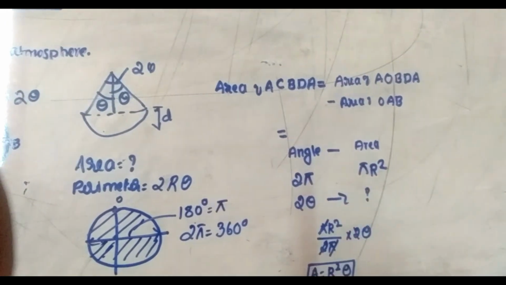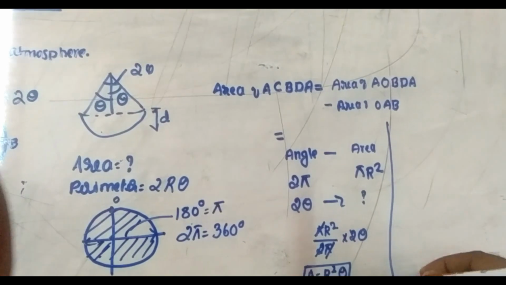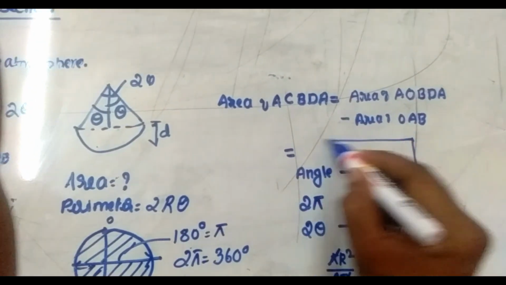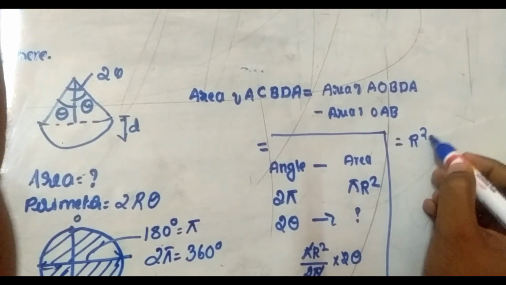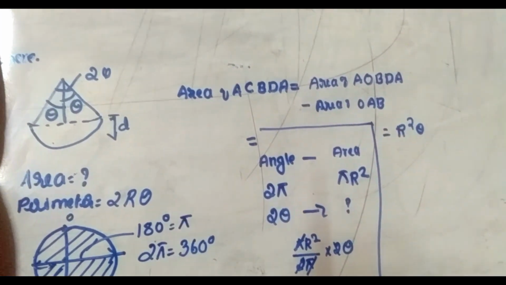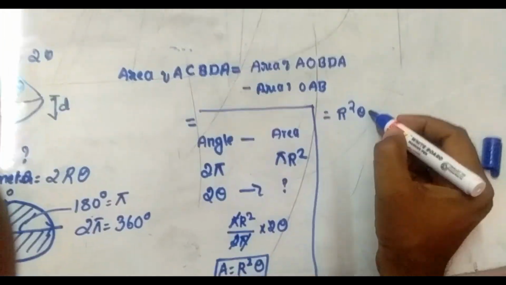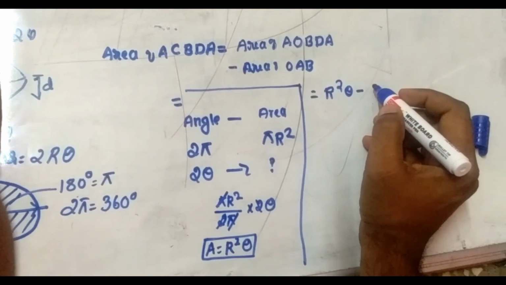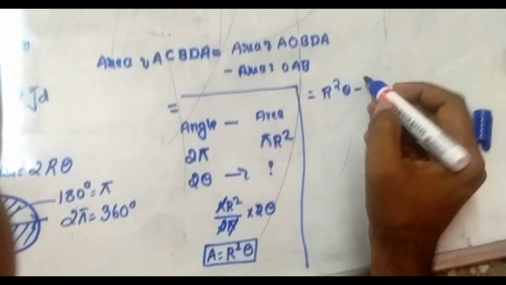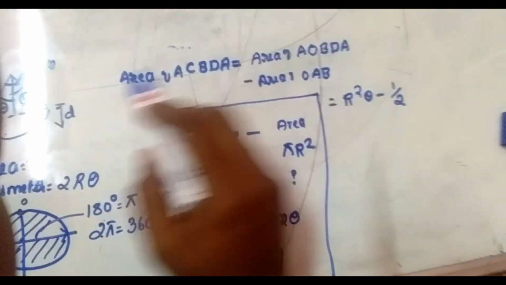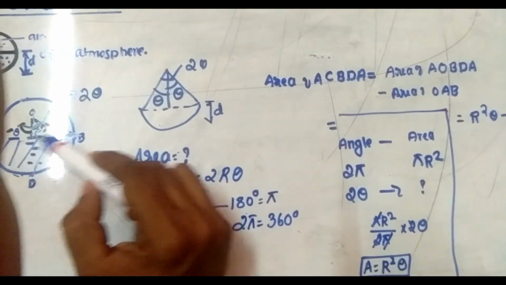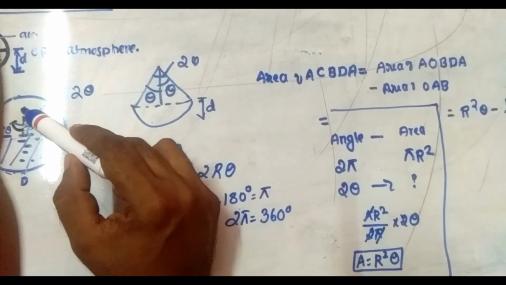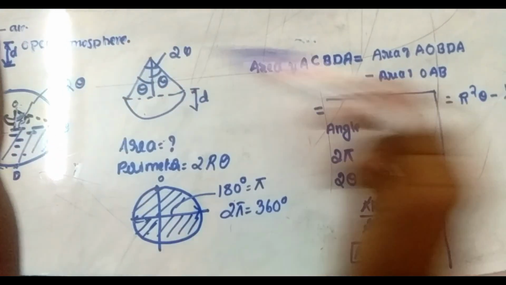So the area of this one, AOBD, is r²θ, minus the triangle: half into AB into this side OC.